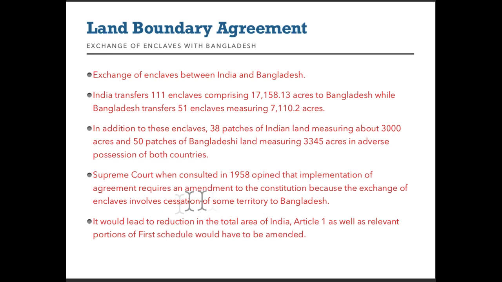Because it would lead to a reduction in the total area of India, it was passed by both houses of Parliament with the special majority, and finally this transfer of enclaves happened. So in this case, the constitutional amendment by special majority has been followed, because it led to a reduction in the total area of India.